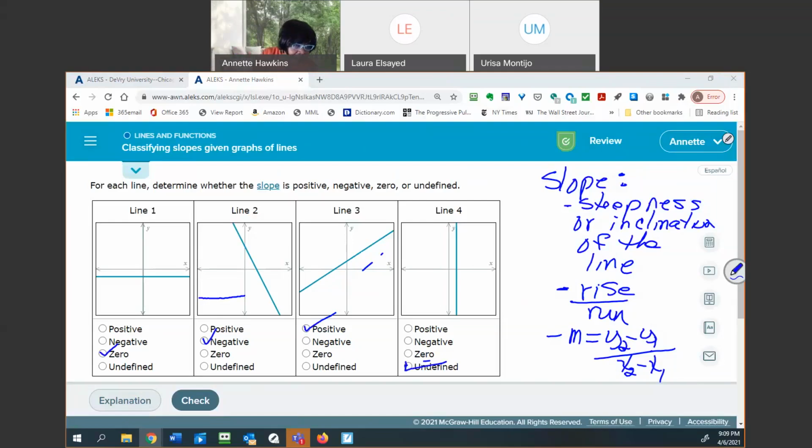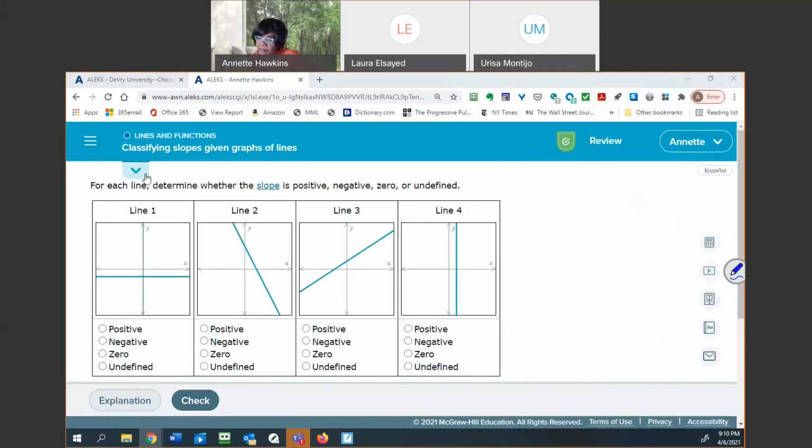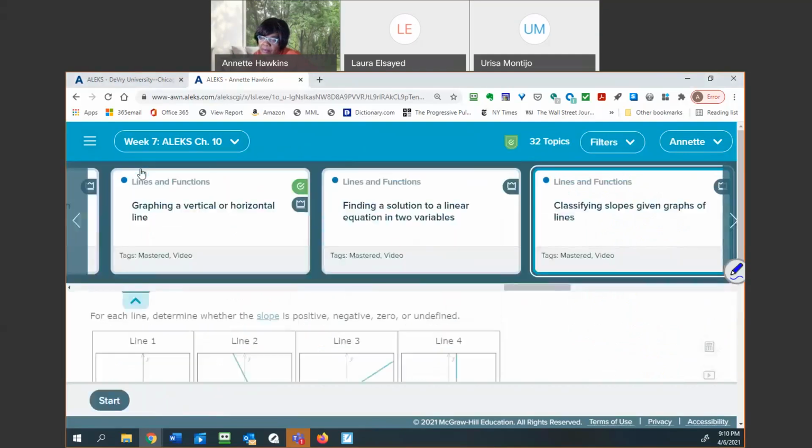Questions about that? All right. So the slope is steepness, inclination of the line, rise over run, y2 minus y1 over x2 minus x1. So now we're going to do some exercises on finding the slope. So we want to find the slope of a graph, find the slope of a line.